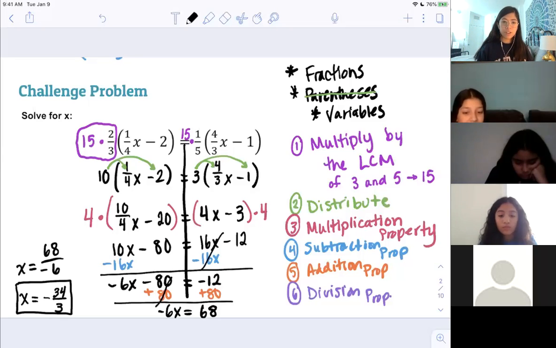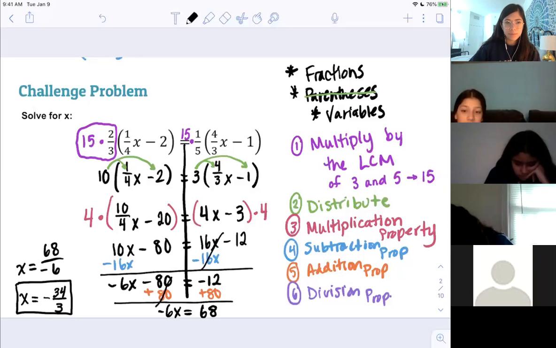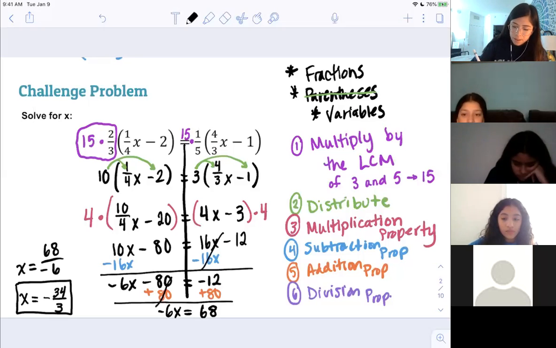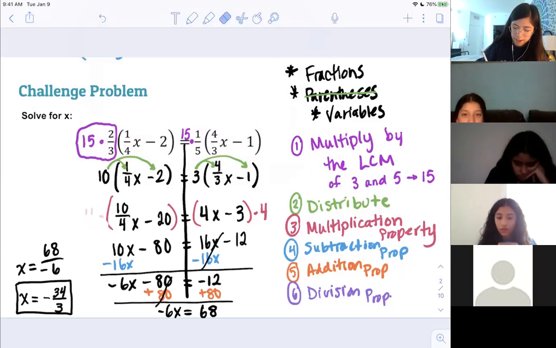If you have any questions about where I got any of those numbers from, you can ask them now. Miss, where'd you get the 4 from? The 4, which one? The one that you added on the 10 over 4x minus 20. Okay, the reason I'm multiplying by 4 is because before I did that, all I had was this, right?